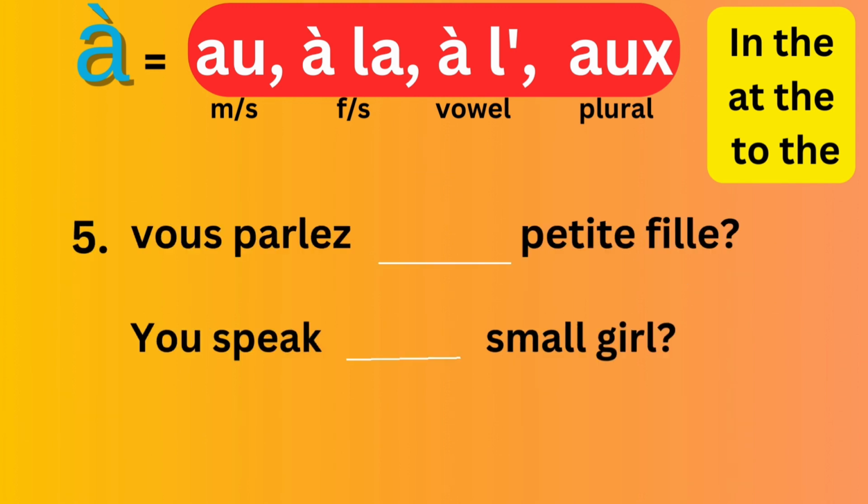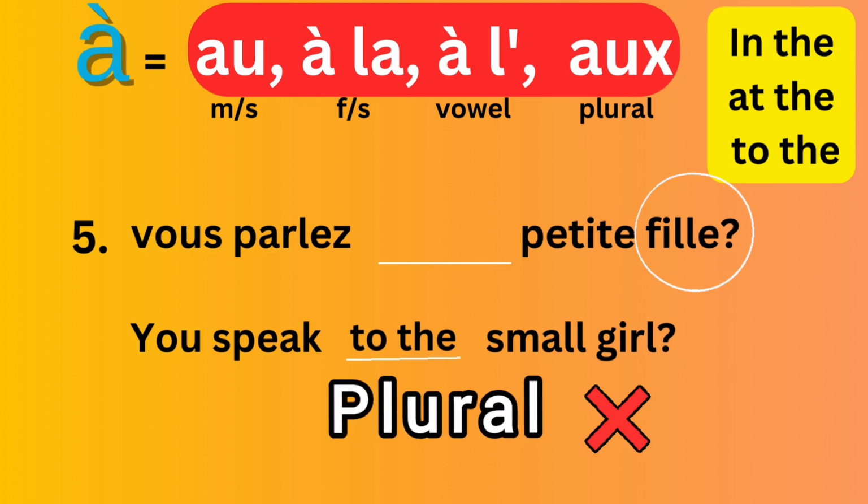You speak dash small girl. You speak to the small girl. Again the meaning is to the, so you look at the word next to the dash to select one amongst these four. Petite fille is feminine singular. See how you will select. First, see if it is plural. It is not plural.